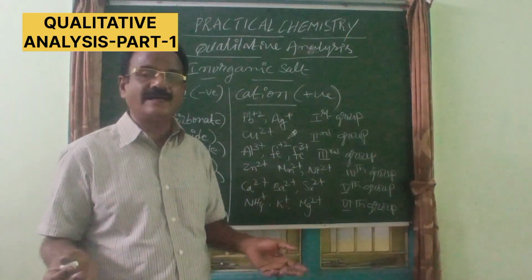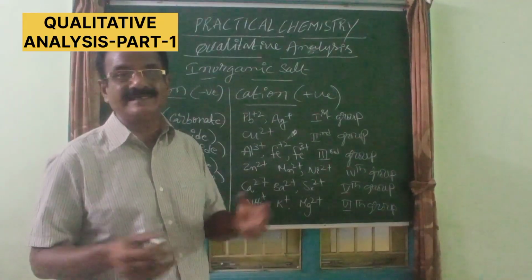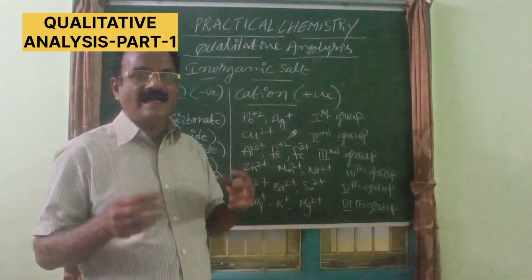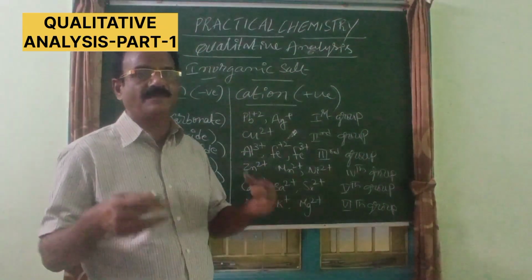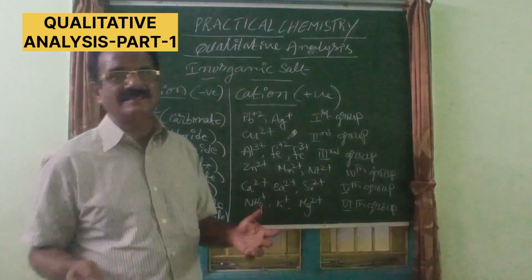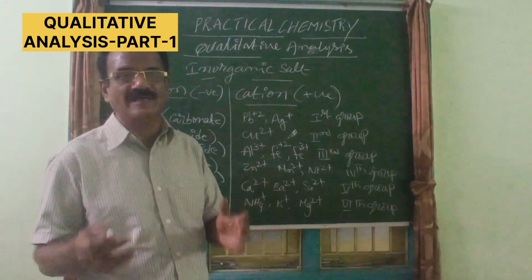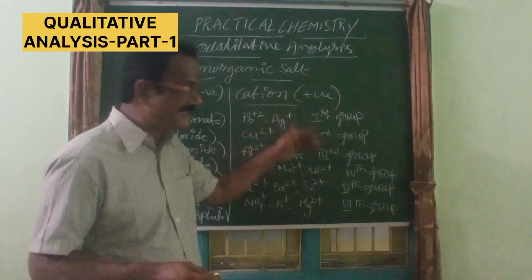Although they are in different groups in the periodic table, that is not to be considered here, because for the convenience of the student and the person analyzing the salt, the cations are divided into these groups based on the reagents used to identify as well as to confirm them.